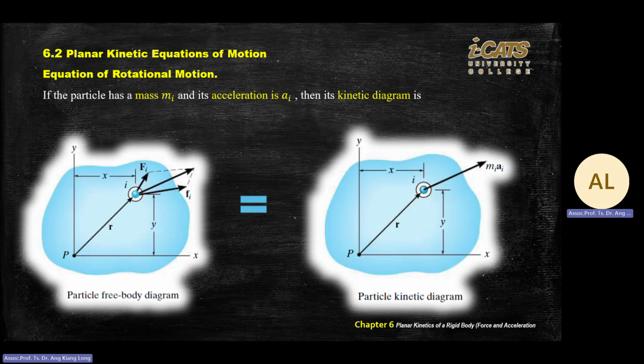This is a diagram that we expect in your final exam, where you need to draw two diagrams. One is the force diagram. One is your kinetic diagram. Sorry, kinematic diagram, because you're seeing MA. The diagram is showing MA and not acceleration. So the F diagram on the left, the MA diagram on the right.